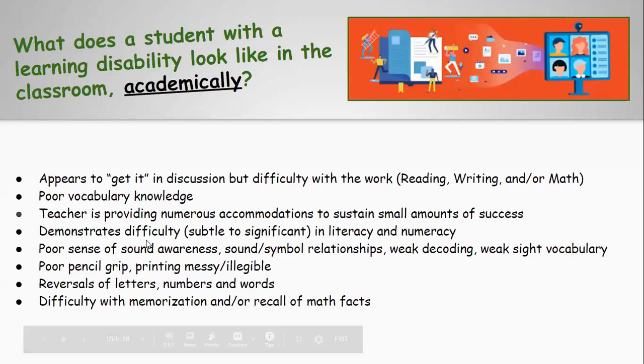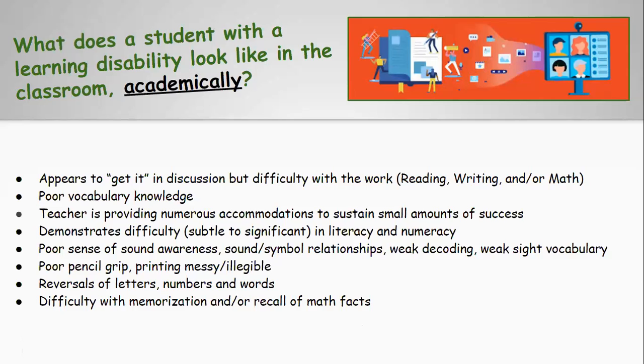Okay, so that's sort of wrapping up our section on looking at the processing weaknesses. And now we're just going to have a couple concluding slides as to what the student with a severe learning disability presents like in the classroom in terms of academically, behaviorally, and then socially and emotionally.